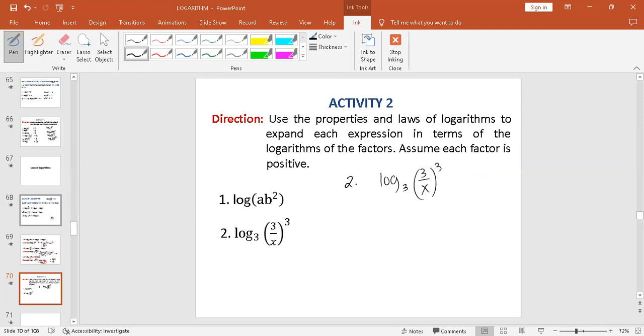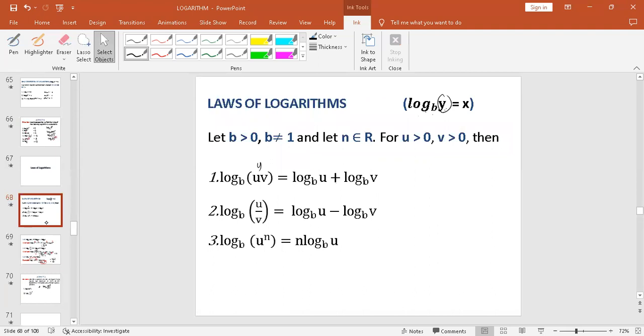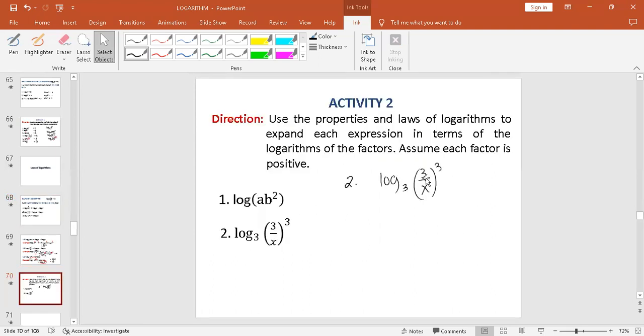Ano kayang law ang pwedeng gamitin sa kanya? Ma'am, may fraction po. May numerator and denominator akong nakikita. So, baka po second law yung kailangan natin gamitin. Not yet, class. We can't apply yet the second law kasi as you can see here, meron pa tayong exponent.